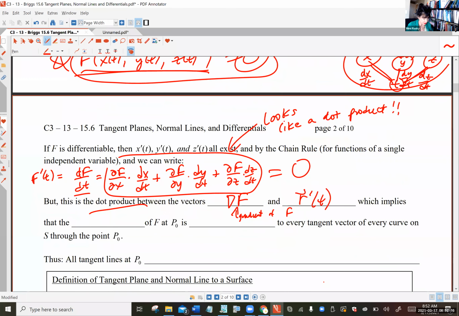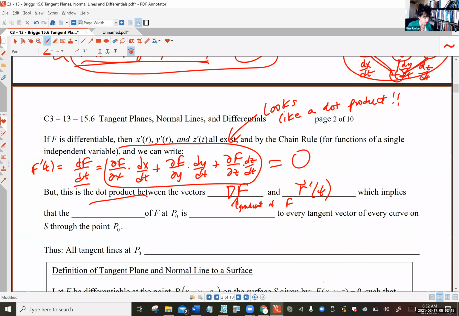So when you have a dot product that equals 0, what can you say about those two vectors? You learned this back in week 2. They're orthogonal. Yeah. So the gradient of f is orthogonal to every tangent vector of every curve on S that passes through that point, P naught.